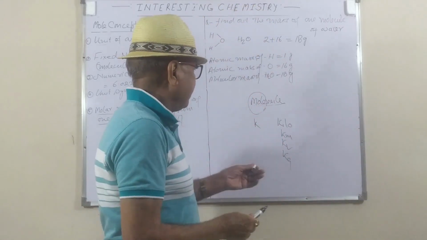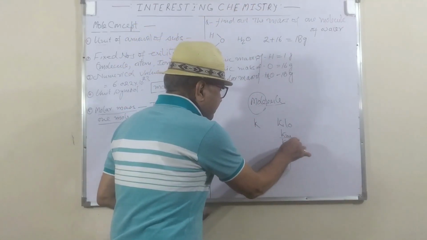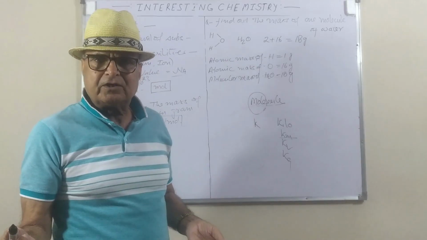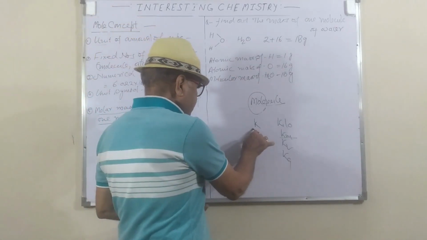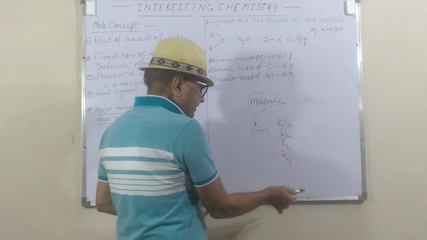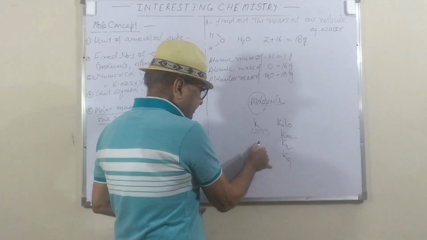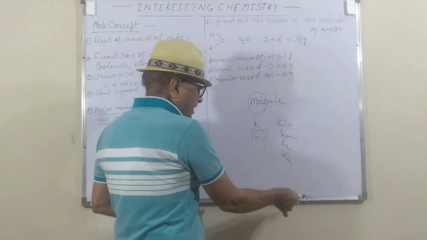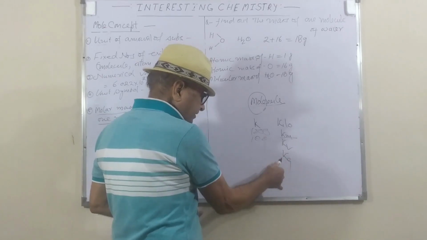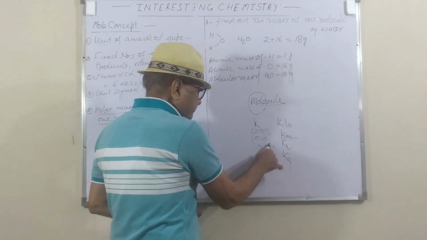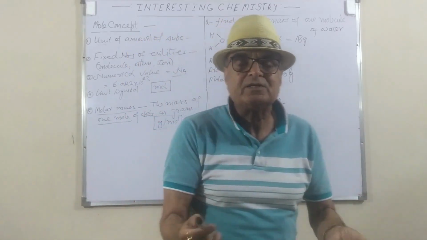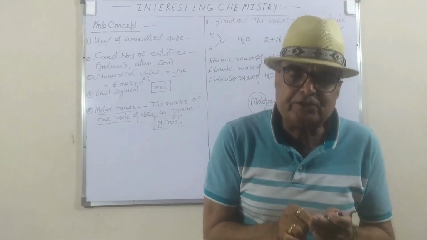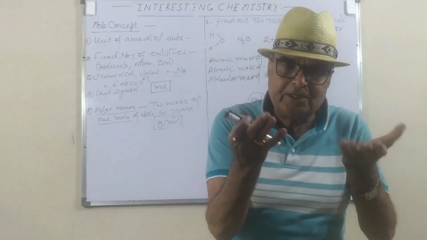Do you know how many meters are there in 1 kilometer? You will say 1000. How many liters are in 1 kiloliter? You will say 1000. How many grams are there in 1 kilogram? You will say 1000. So 1000 is the fixed number of entities for a kilo.